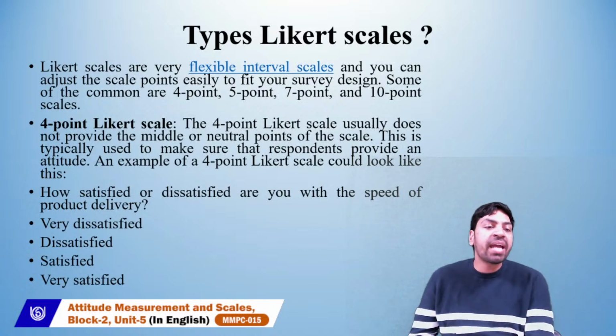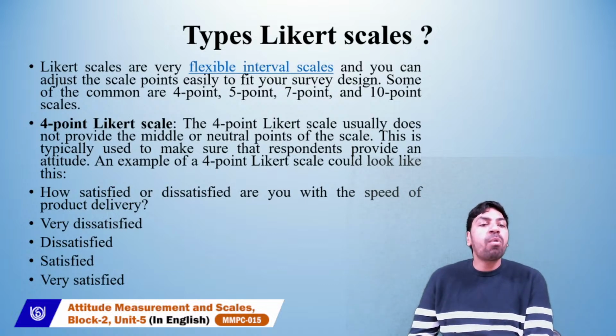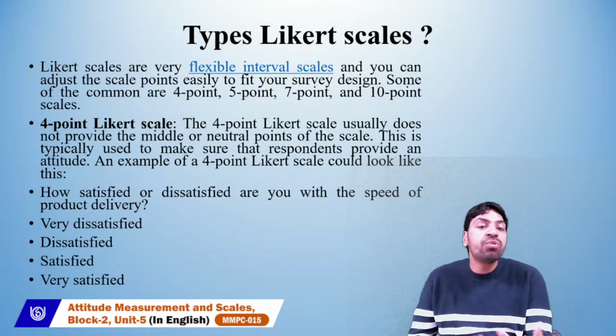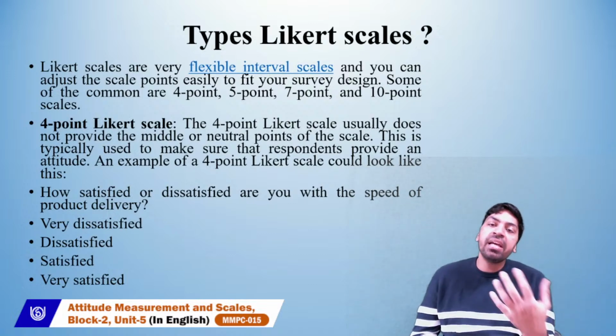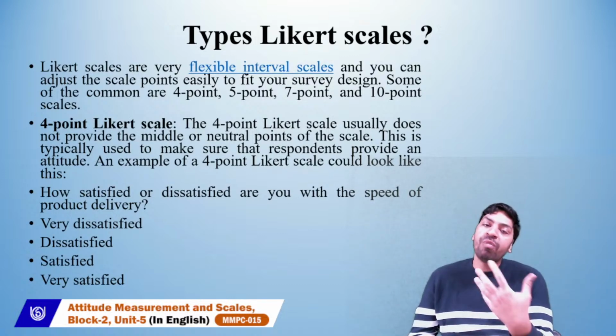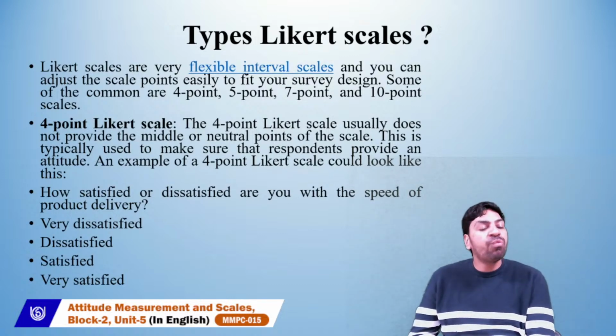Very dissatisfied, dissatisfied, satisfied, and very satisfied. This is called a 4-point Likert scale where I cannot say neutral. We can also write a response as neutral, but it does not come under the 4-point Likert scale. It's just satisfied or dissatisfied or very dissatisfied or very satisfied.